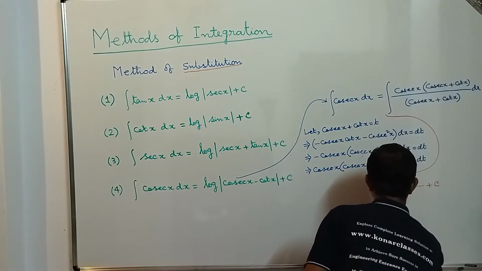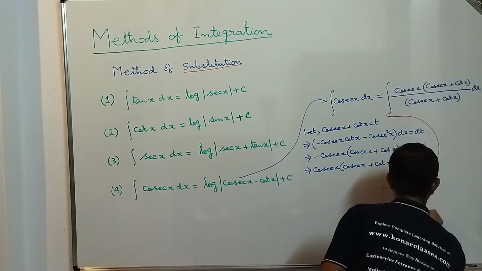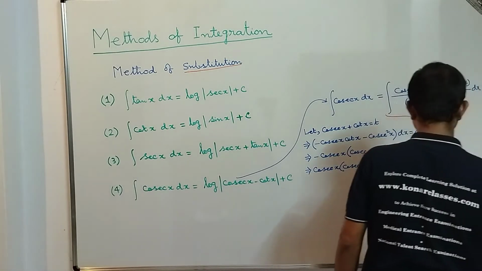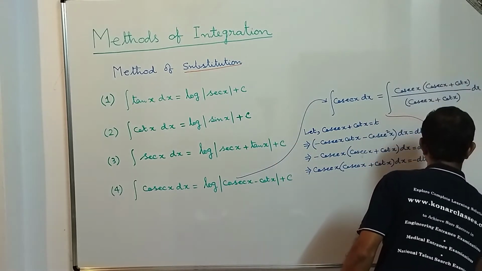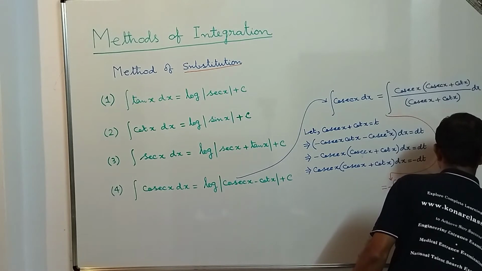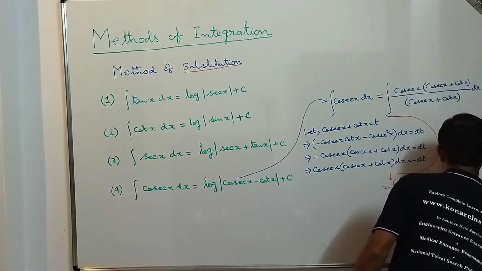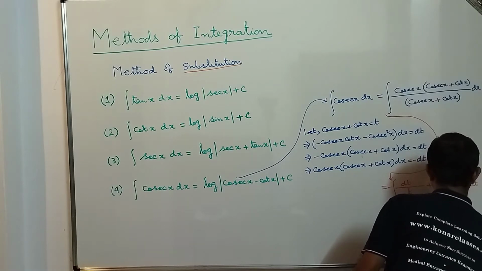So that is equal to minus log of mod t plus c, where c is the constant of integration.